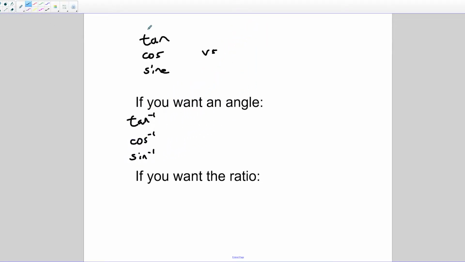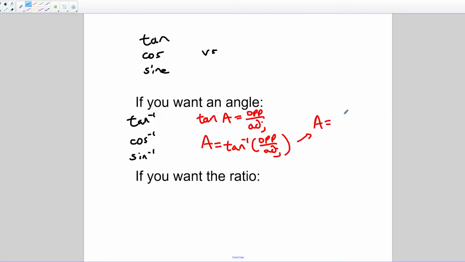So what that would kind of look like is, let's say we start off with your typical ratio. We have tangent of A is equal to opposite over adjacent. Then we would take the inverse tangent of opposite over adjacent, which really can be simplified into your angle is your inverse tangent of some ratio.